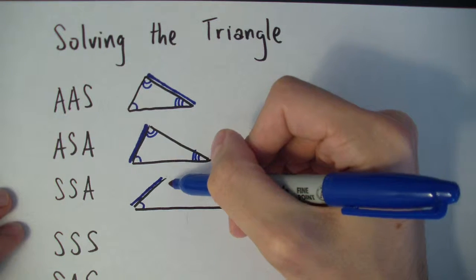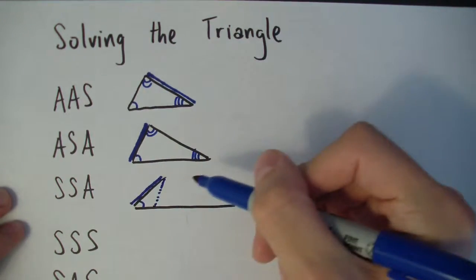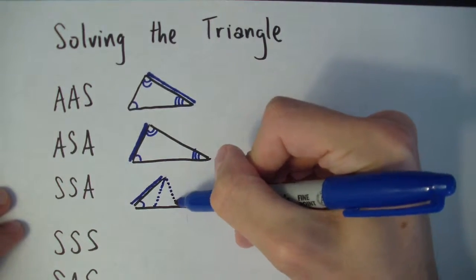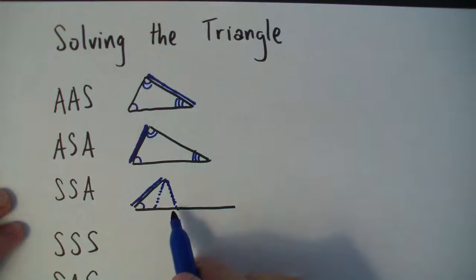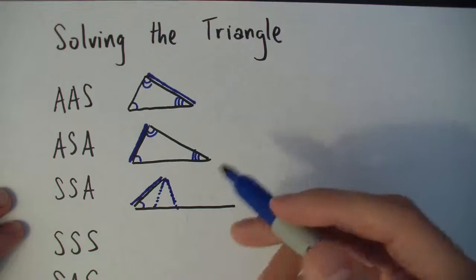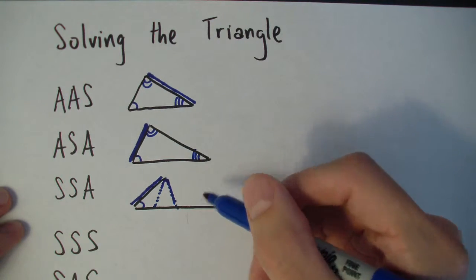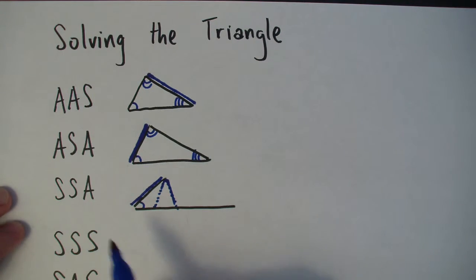And then we have a third side which might go like this, and it might go like that. We're given that third side, but because there are two possibilities, it could swing this way or swing that way. This is why it's the ambiguous case. There might be more than one answer. There might be no answers. So that one takes a little bit more work to think about.